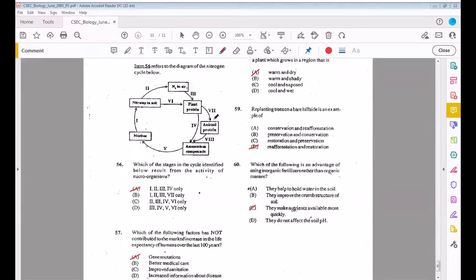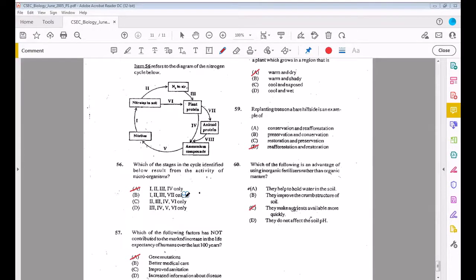So these two, where the plant protein to animal protein and animal protein to ammonium compounds, these are not on the list. Well, this one isn't on the list here, right? This one we know is wrong, so we could cross out any with that on the list.